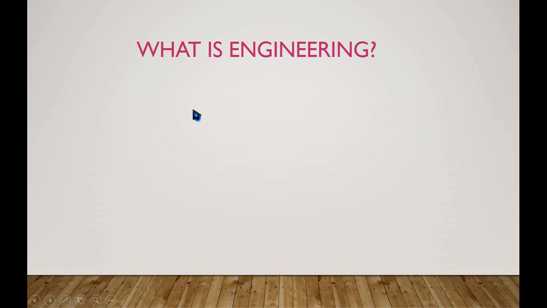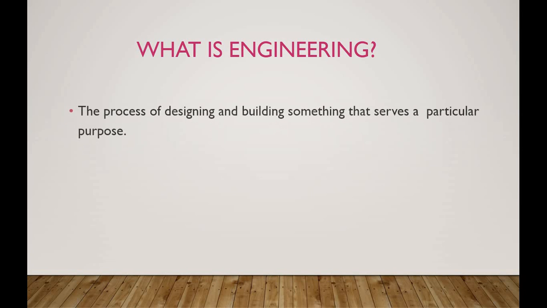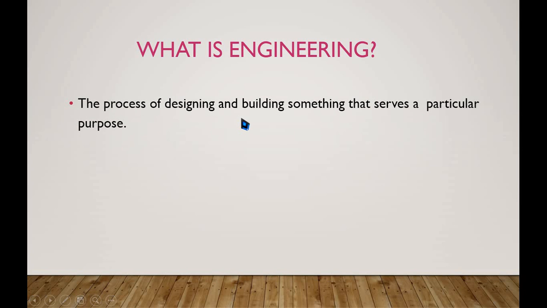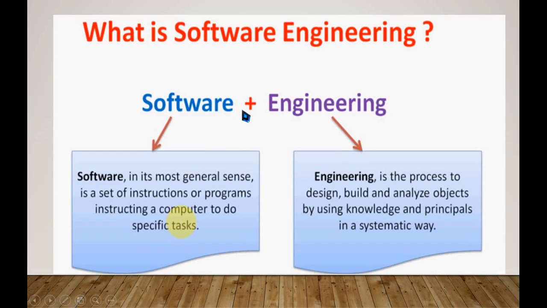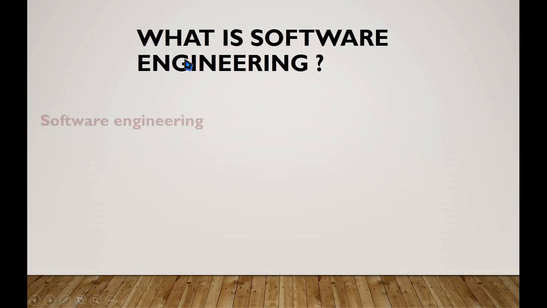Now our second term, that is, what is engineering? The process of designing and building something that serves a particular purpose is known as engineering. So in combination of software plus engineering, there will be software engineering. Okay, so in combination, what is software engineering?